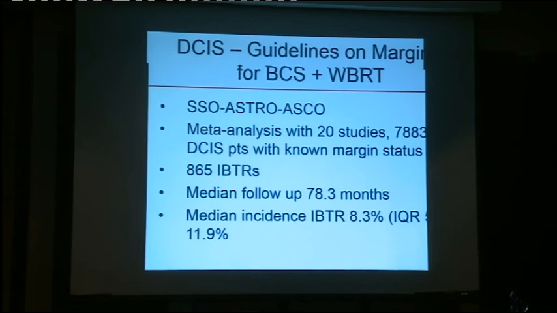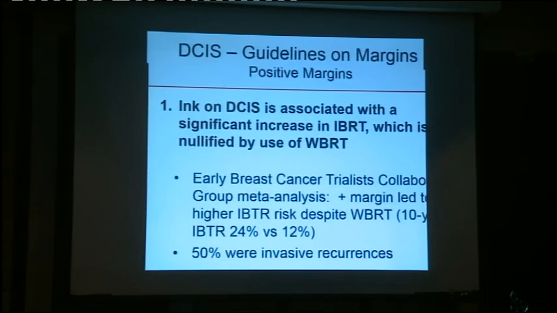And they did a meta-analysis of 20 studies, including more than 7,800 patients of DCIS with known margin status. And there were close to 860 patients with ipsilateral tumor recurrence with median follow-up of 78 months. And the median incidence of ipsilateral breast tumor recurrence was 8.3%.